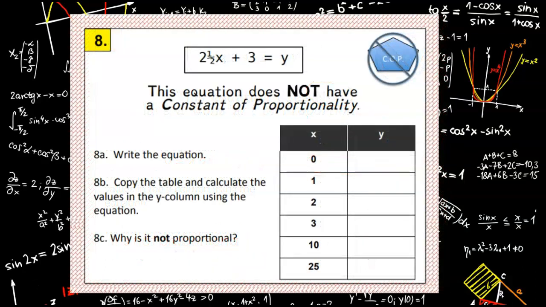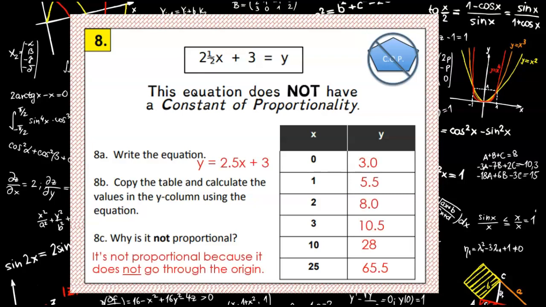Number 8, another one just like number 7. So go ahead and write the equation, fill in the y column on the table, and tell me why it is not proportional. So your equation is y is equal to 2.5x plus 3.